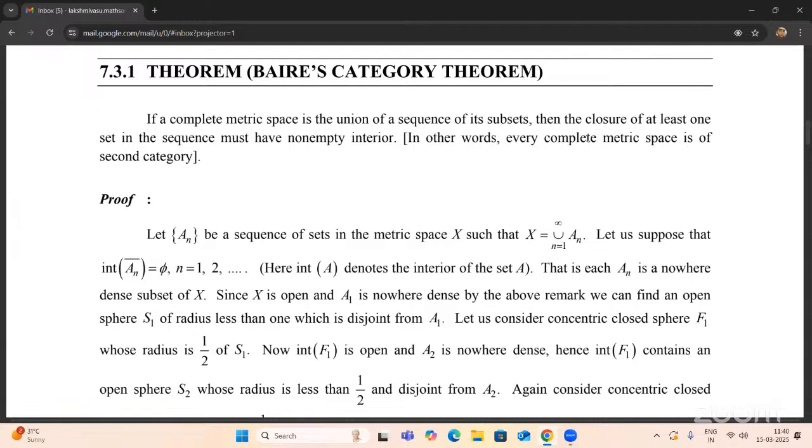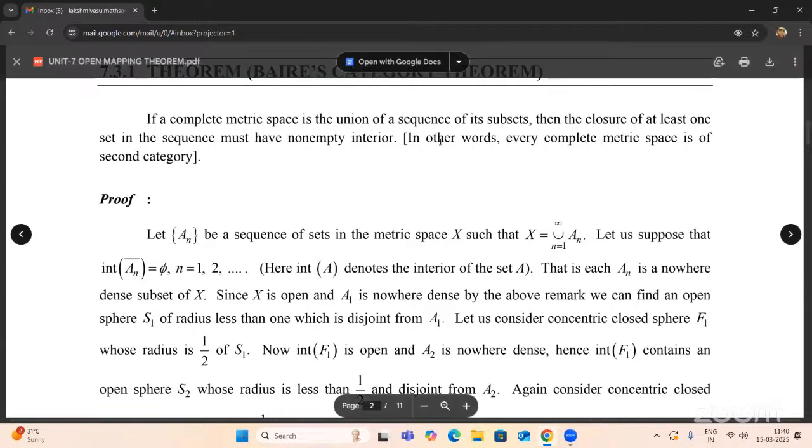Now every complete metric space is of second category. Second category means it is not a countable union of nowhere dense subsets. If the space is the union of a sequence of its subsets, then the closure of at least one set in the sequence must have non-empty interior.